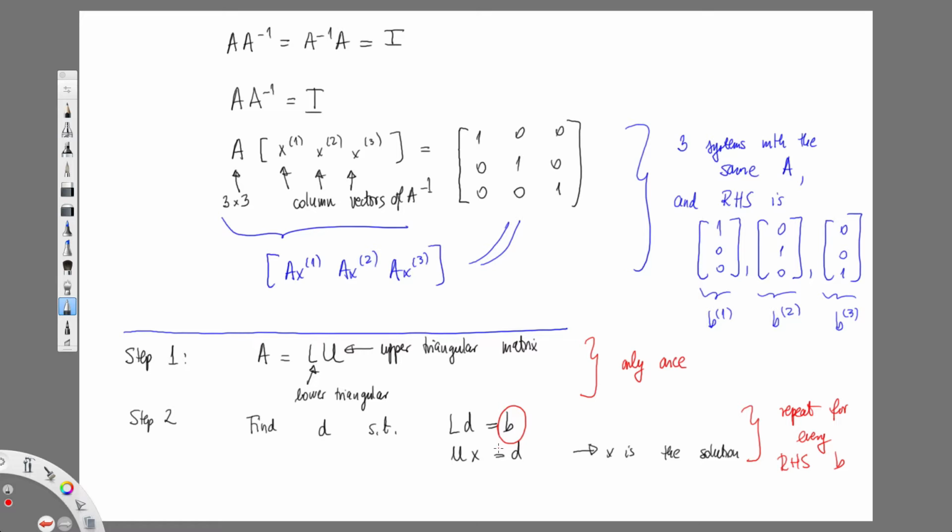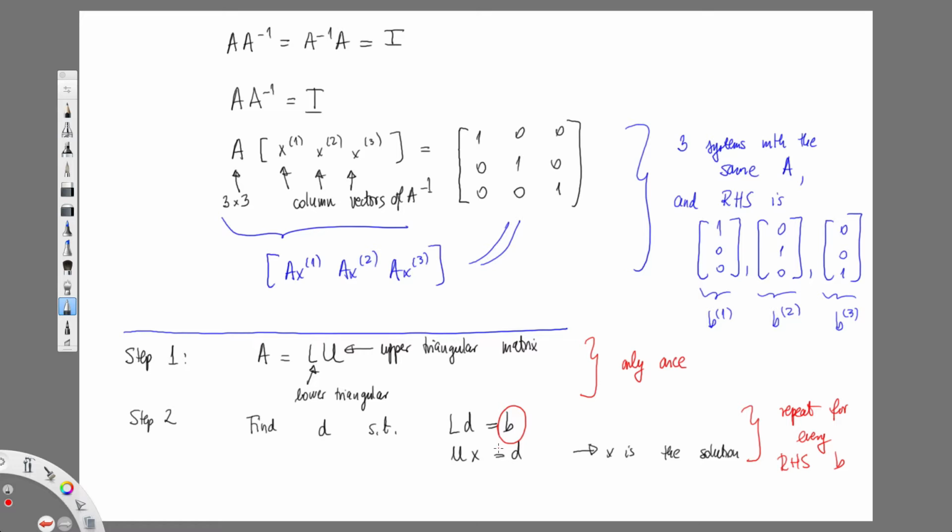So this is O of n cubed, but this is O of n squared, and you do this 3 times as opposed to 3 times O of n cubed. So you do O of n cubed once as opposed to 3 times. That's the time saver here.